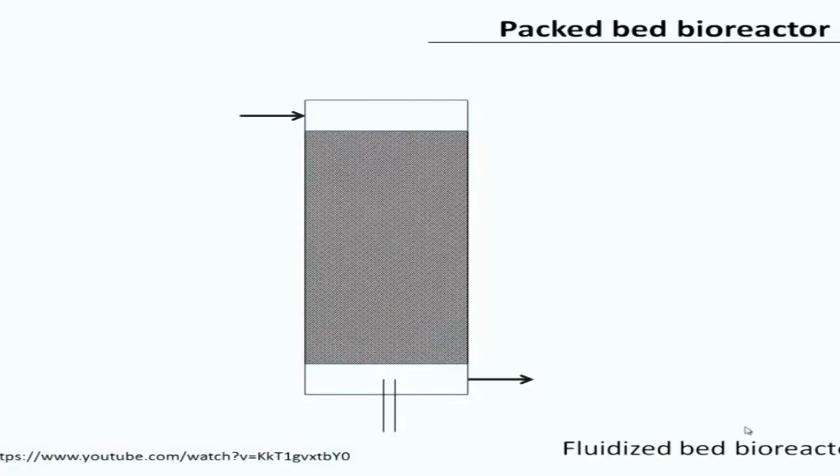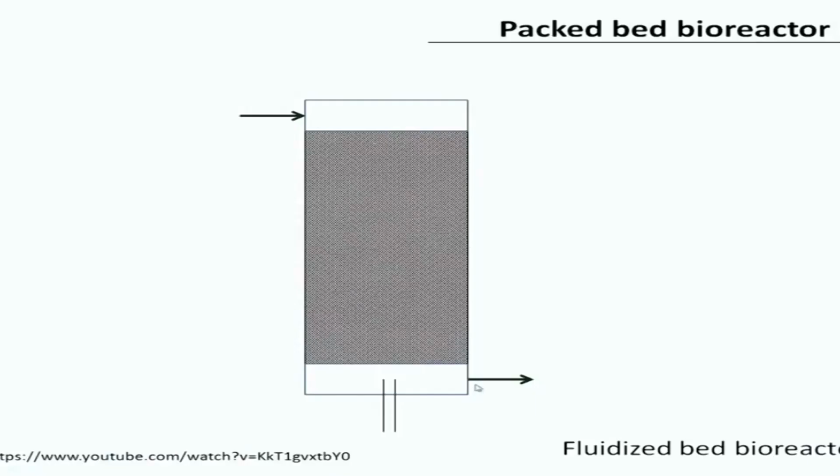That brings in certain desired aspects in the operation of bioreactors, and fluidized bed bioreactors are used in some situations. A packed bed bioreactor is used commonly in water treatment and so on and so forth, and this could just be a sand bed through which the water to be treated flows, and what flows out of here is cleaner water.